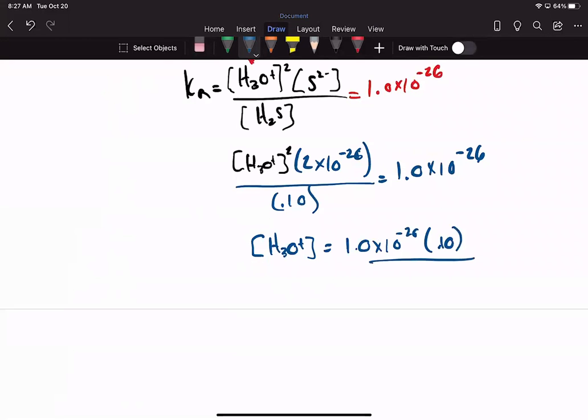Rho divided by 2 times 10 to the minus 26, and that value equals 2. So there is our concentration here.